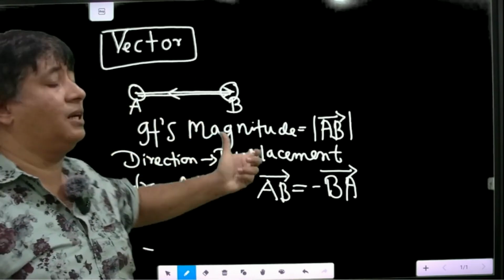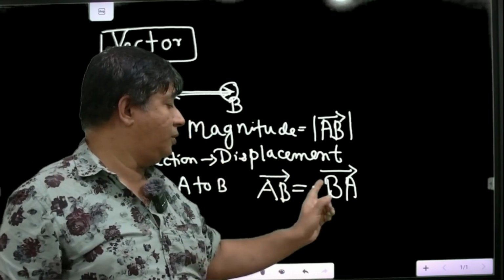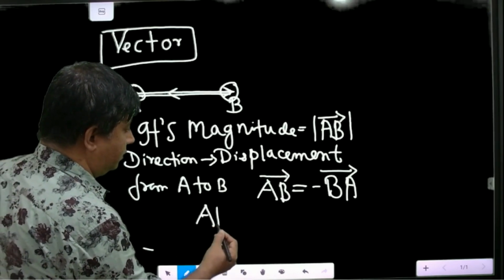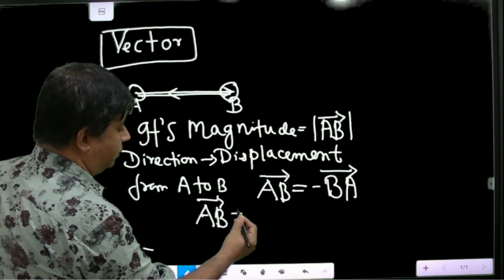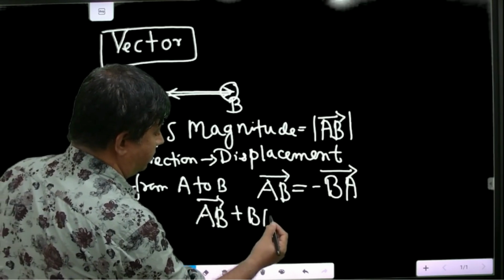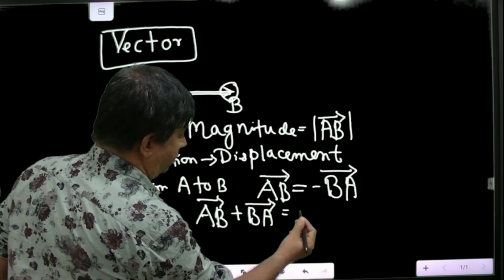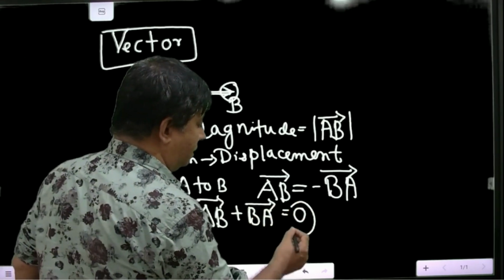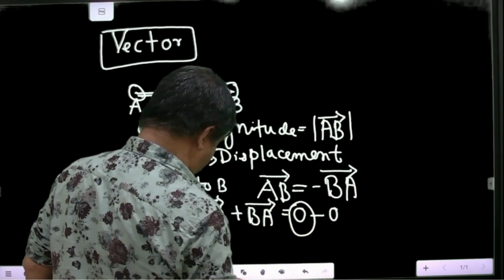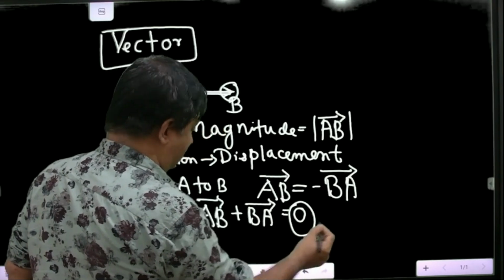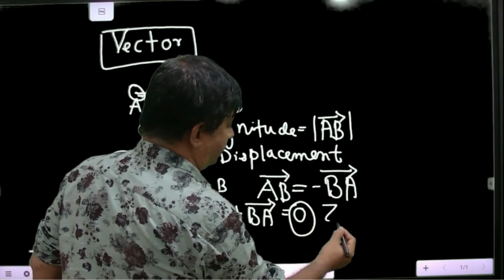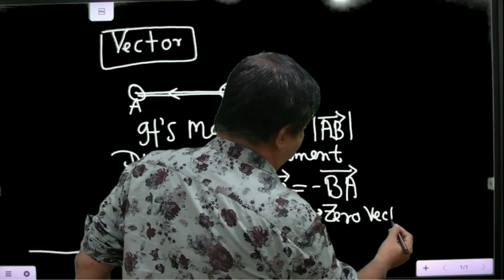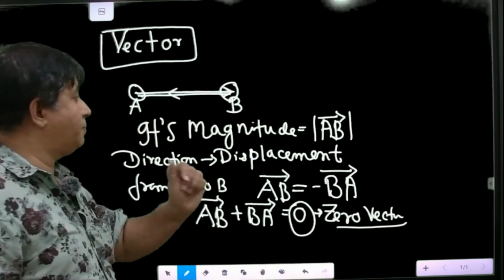And in this case, the vector displacement is 0. That is called zero vector. Vector displacement is 0.